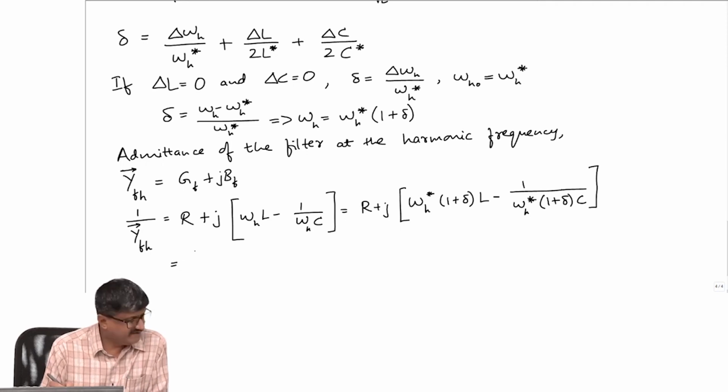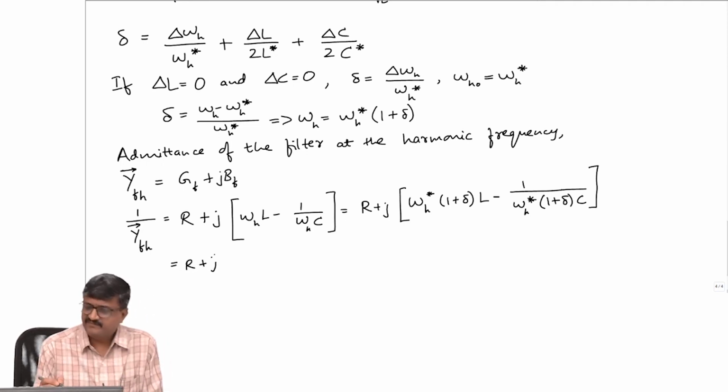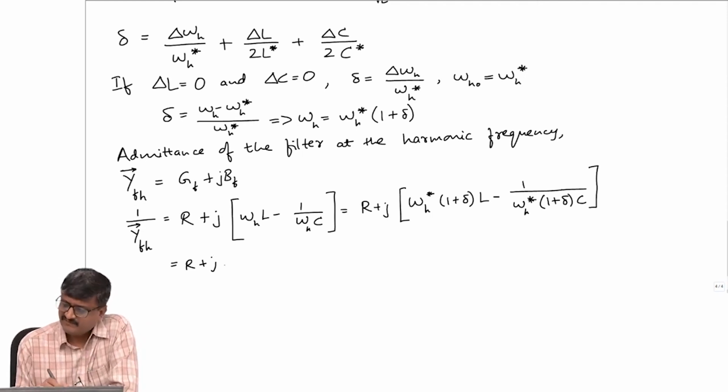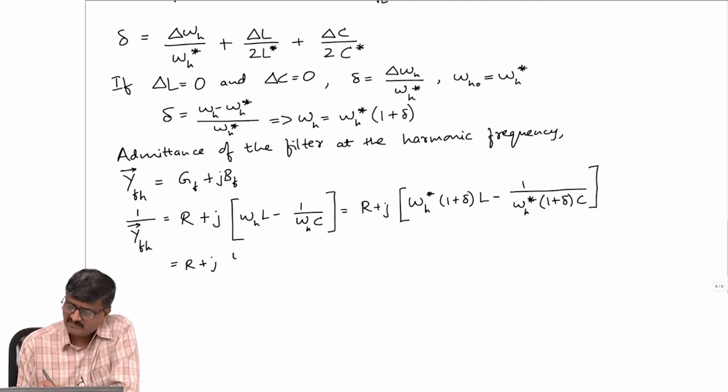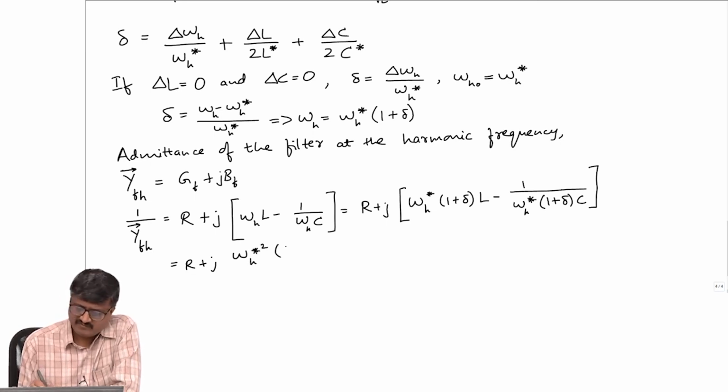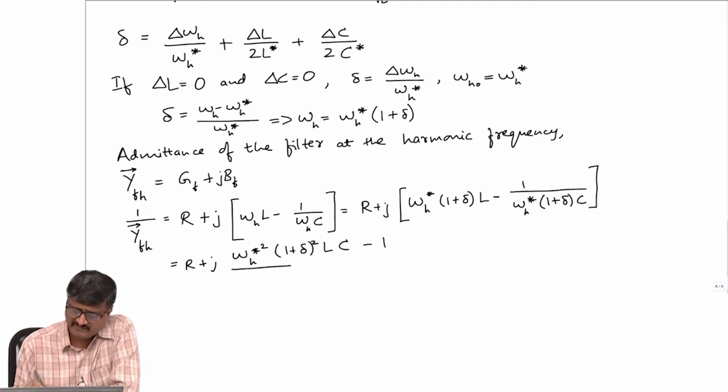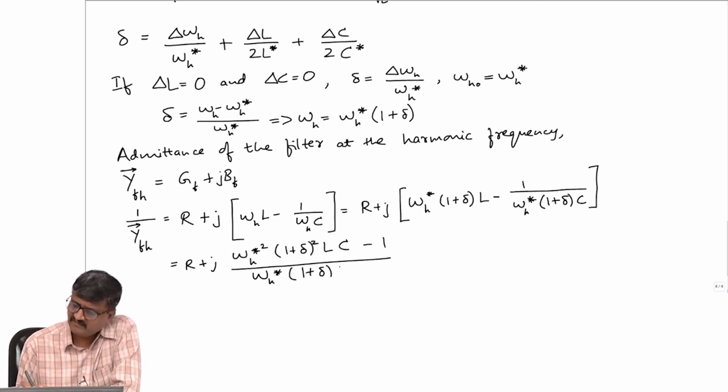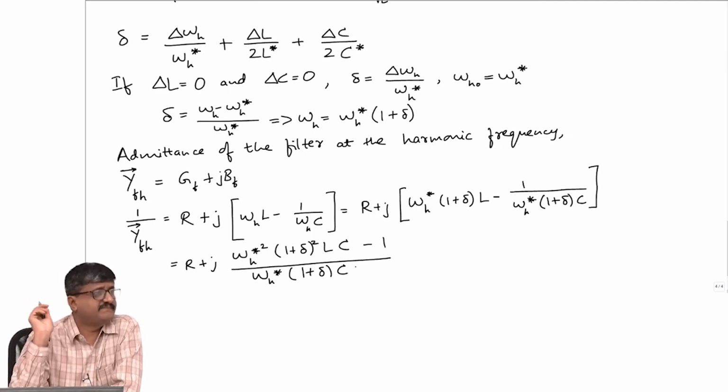So, this can be written as R plus J times omega H star squared 1 plus delta square L C minus 1 divided by omega H star 1 plus delta C. Is this okay?